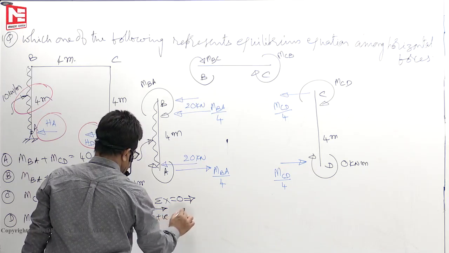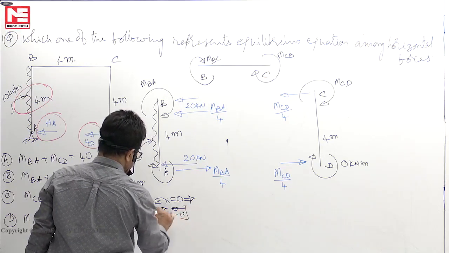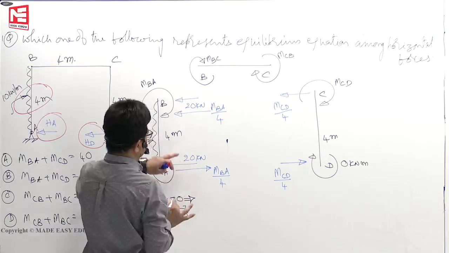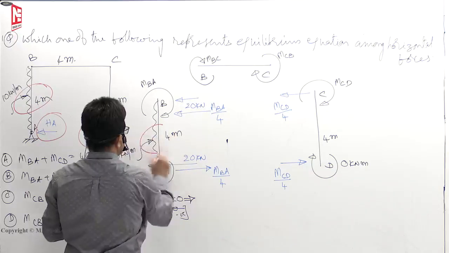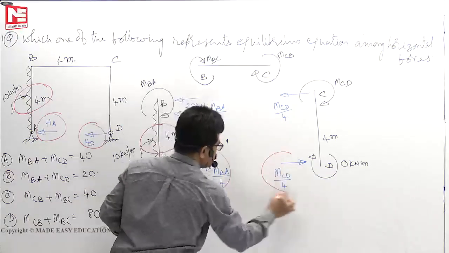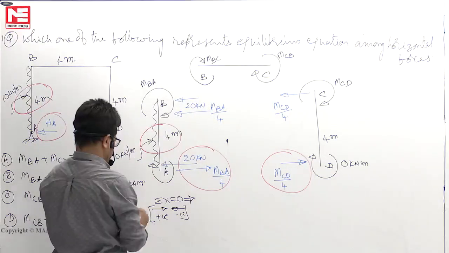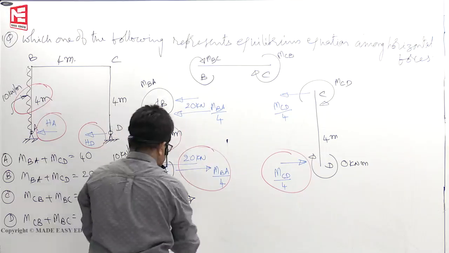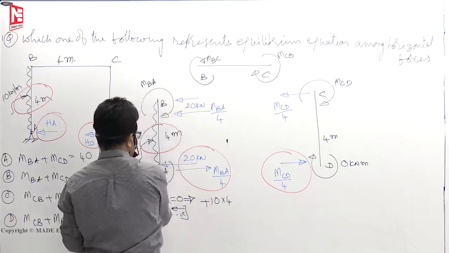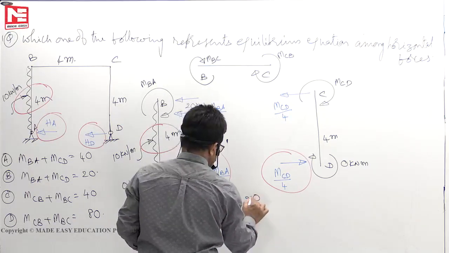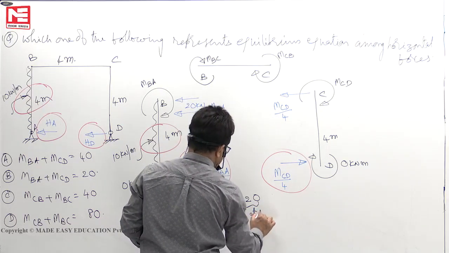Right side force is positive, left side force is negative. Only actions and reactions you have to show. This is the UDL, this is HA, this is HD. So 10 into 4 acting right side, so plus 10 into 4. 20 is acting left side, so minus 20 acting at A.